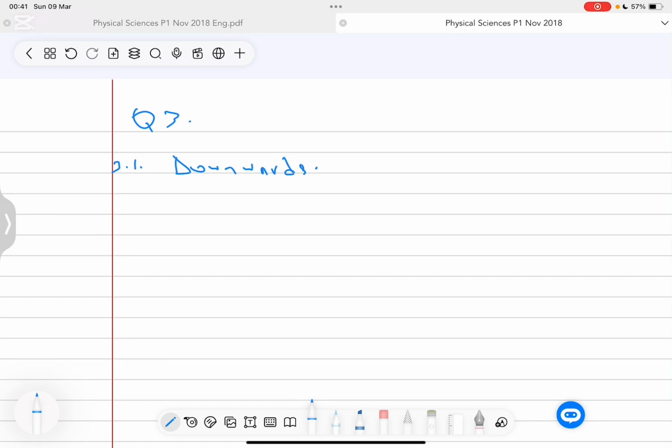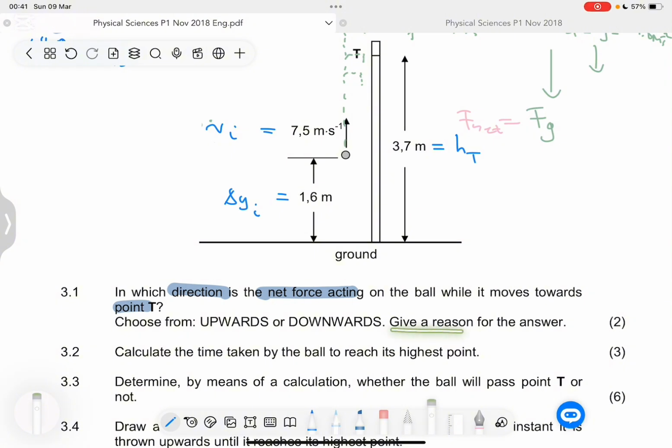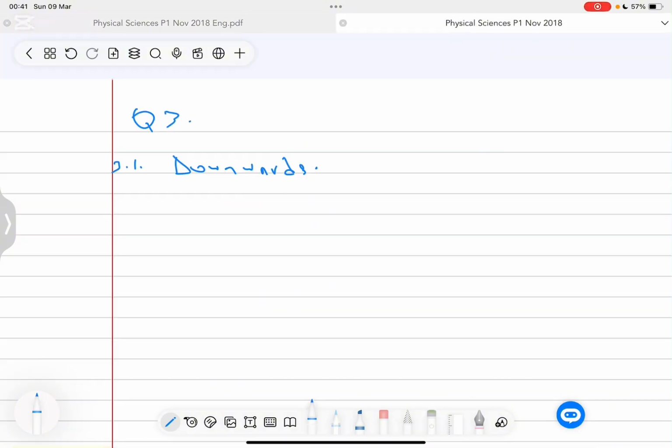They further ask us to give a reason for our answer. To give a reason here, we will say that the only force present is the force of gravity.